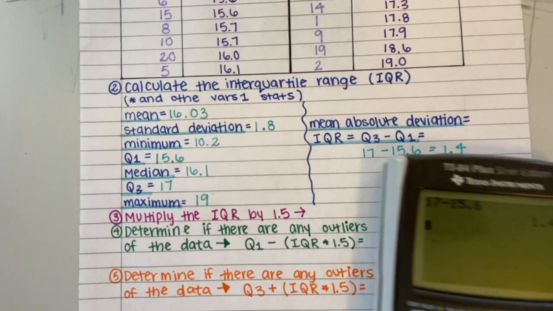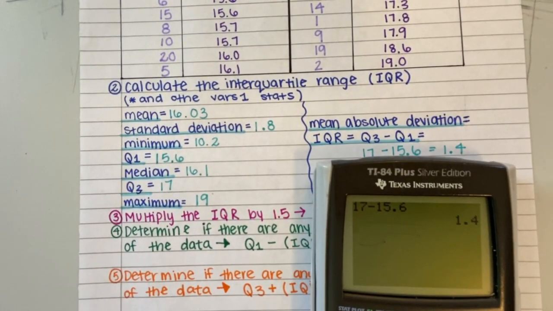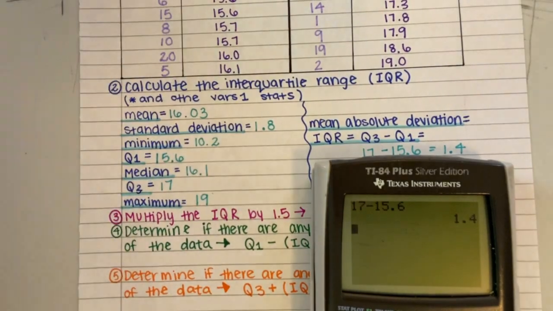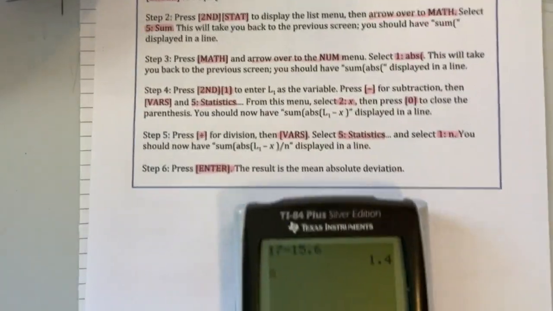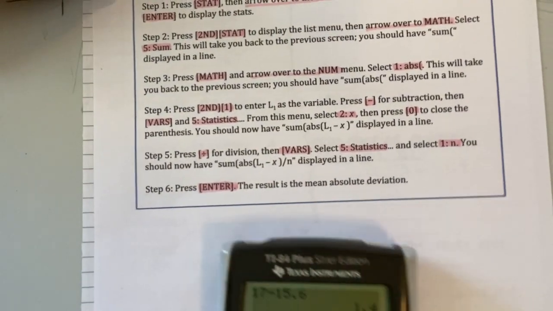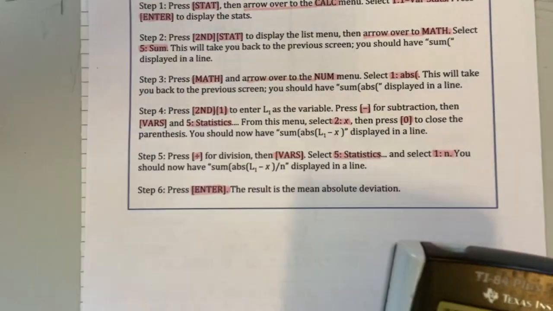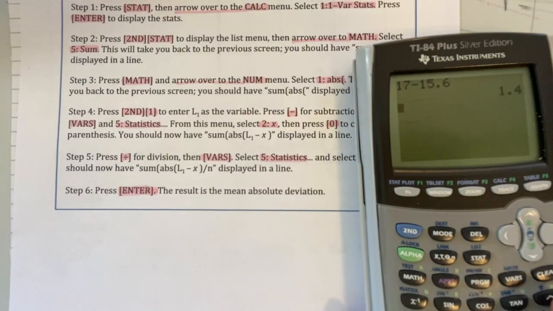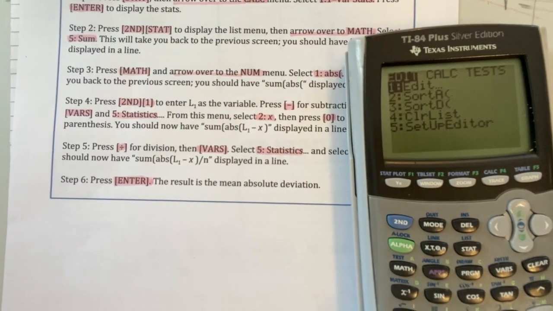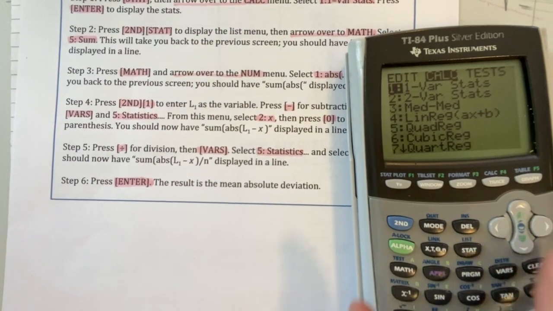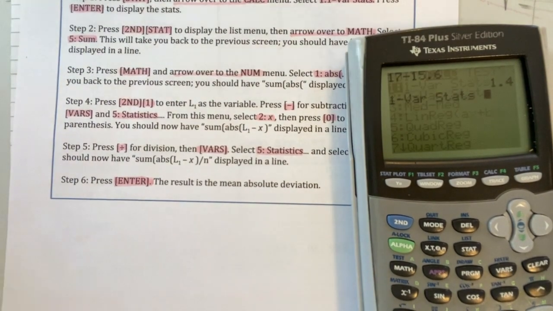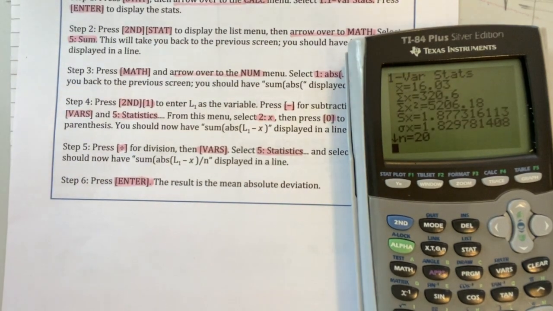And then the mean absolute deviation was actually not calculated for us. So if I need to figure out what that is, I can go to Stat. So I want both these things on here. Stat, I go over to Calc. I'm going to click Enter. Then I'm going to click Enter again.